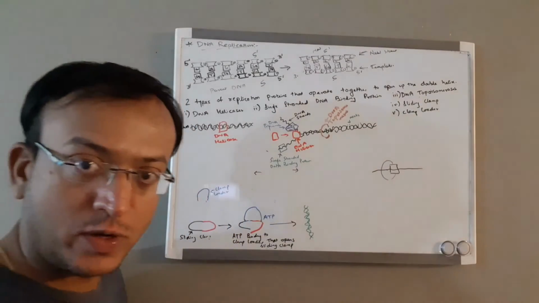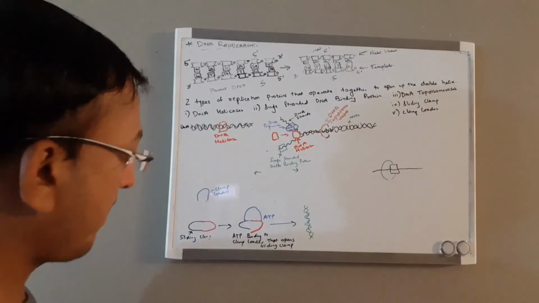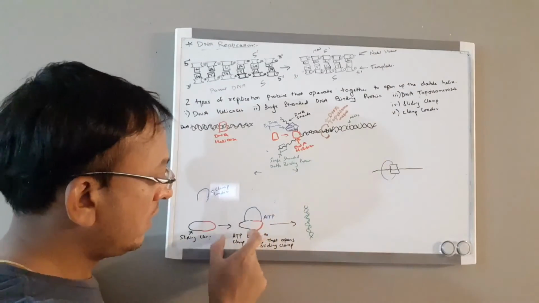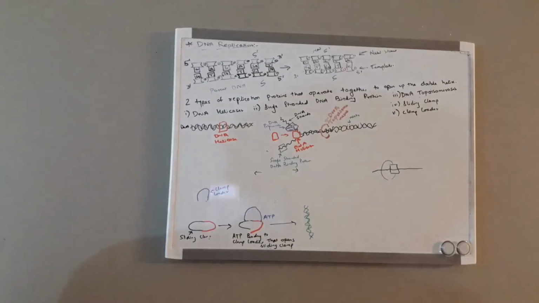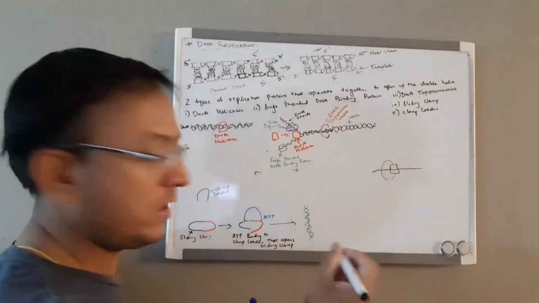So this is our DNA strand, right? Now this helps the sliding clamp to join the DNA, right?